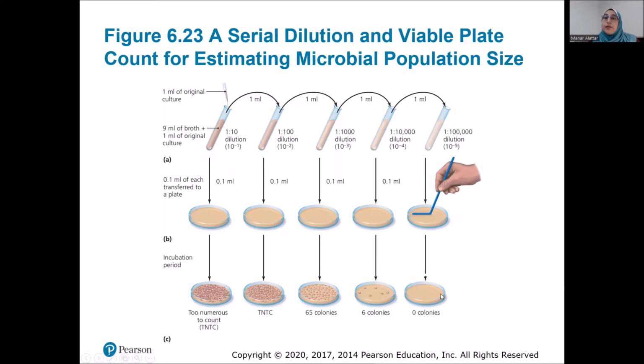Although sometimes you'll have a dilution which is so dilute that it doesn't grow anything. So you're always going to be choosing a balance wherever the dilution is that actually gives you individual colonies. And then you can actually see, is this a mixed culture? Is it a pure culture? And then you can continue to work with it. So we will utilize this method in lab in upcoming labs.